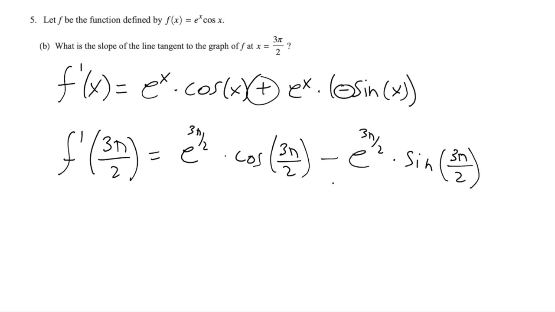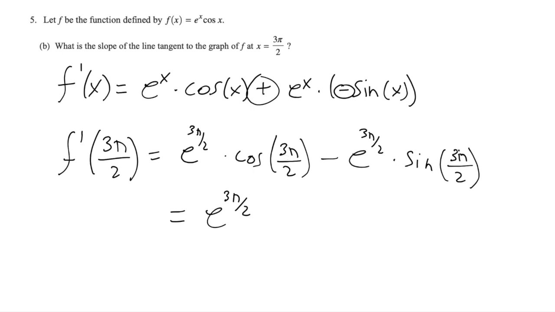If we do the calculations, you can use a calculator, or you don't even need the calculator. You will see that after simplifying, what you get is e to the power of 3 pi over 2. This is because cosine of 3 pi over 2 is 0, so the first term is eliminated.